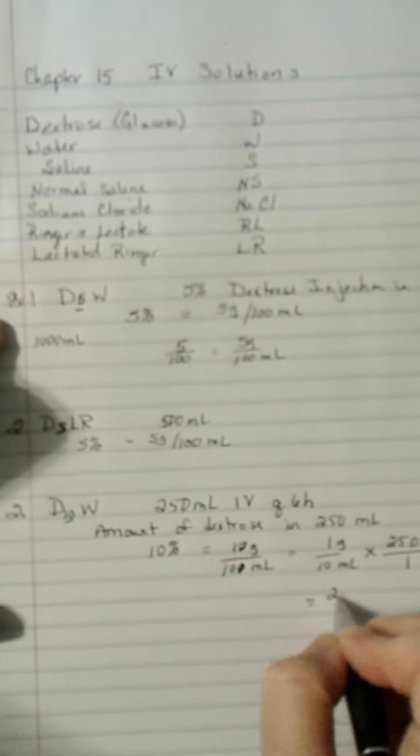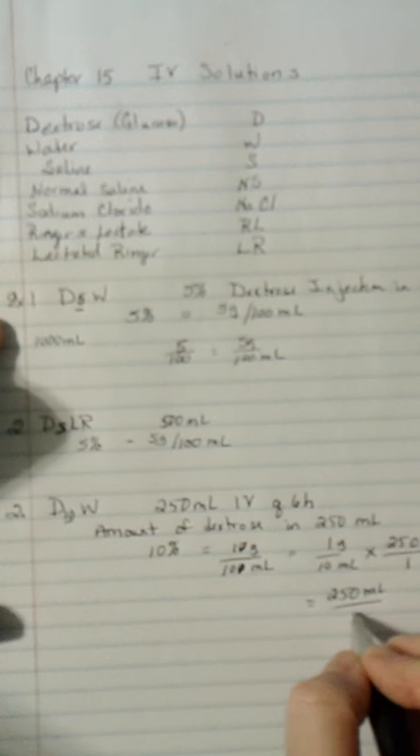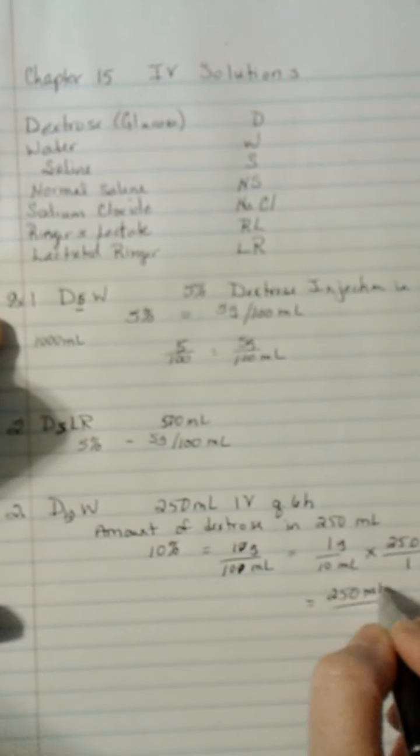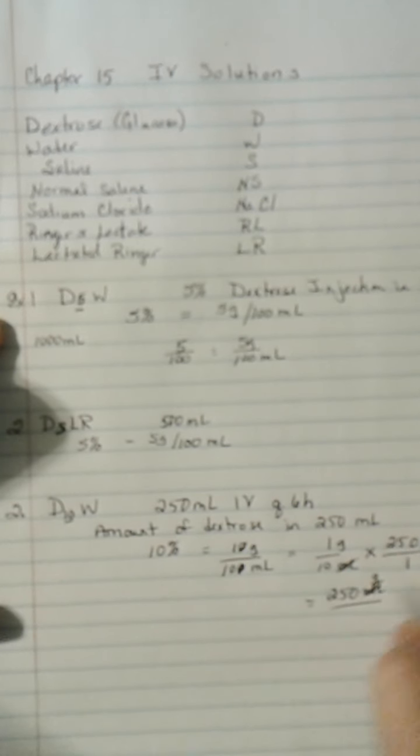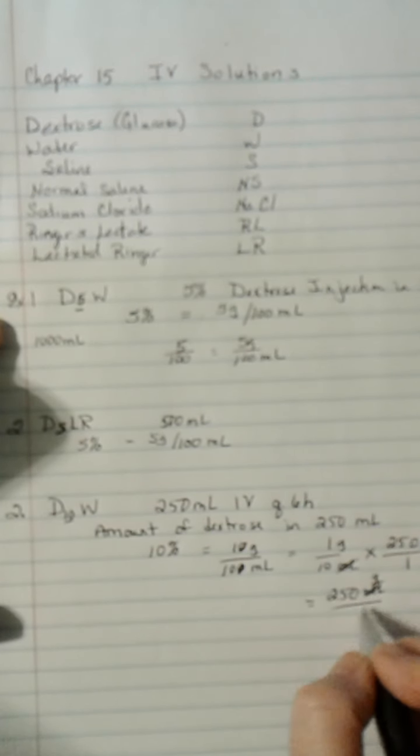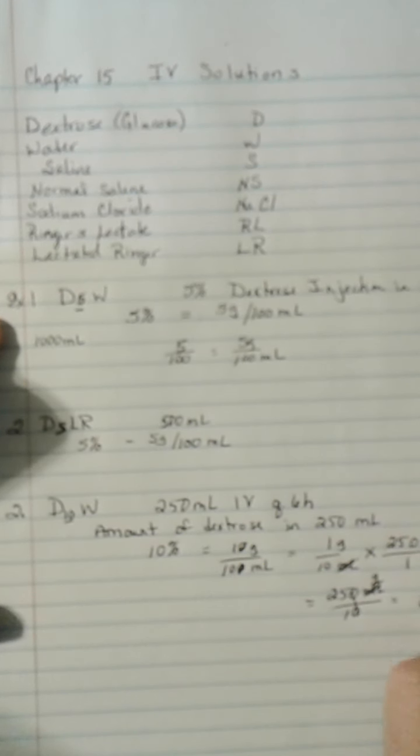My milliliters cancel, it's going to be grams. 250 grams over 10, those zeros cancel, which gives me 25 grams in 250 milliliters.